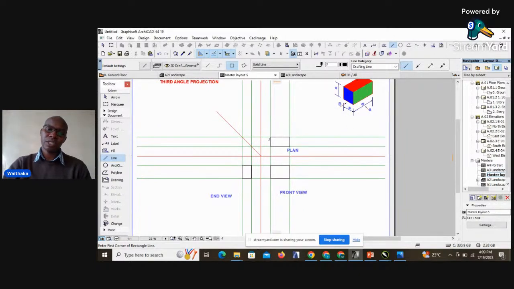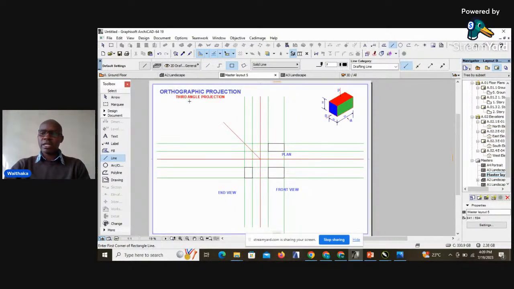And you can see, as we said, that the end view from left will always be maintained to the left of the front view, and the plan is done above the front view. So that's how the concepts in third angle projections are usually portrayed.